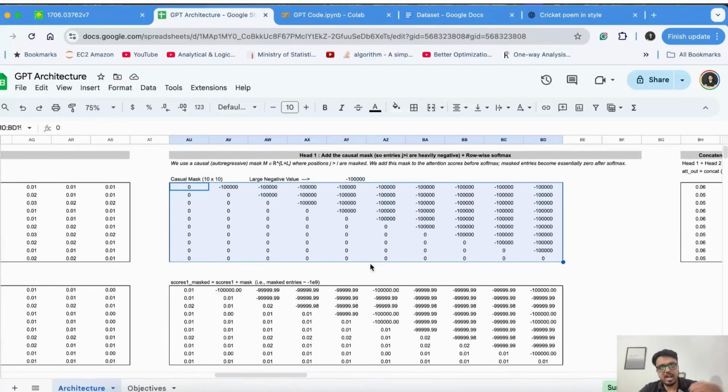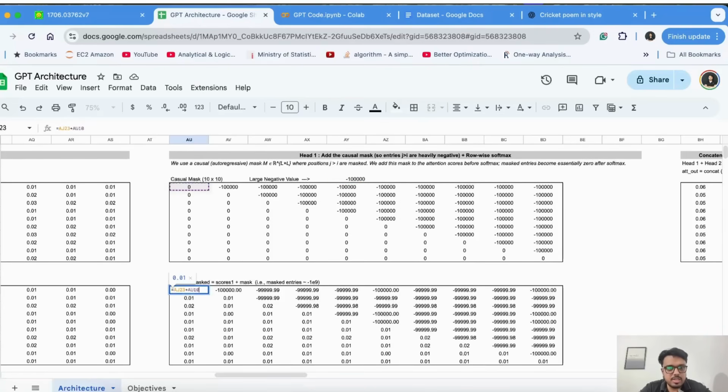So how do we do that? First we initialize a matrix in which the lower triangle has all the positions marked as 0, and the remaining positions are a very large negative value.